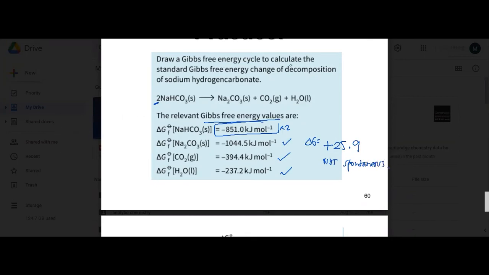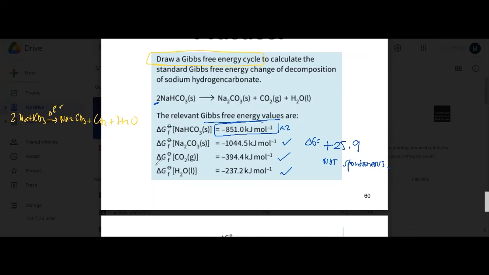But if we still need to draw the cycle, how do we do this? Okay, this is the delta G of reaction.